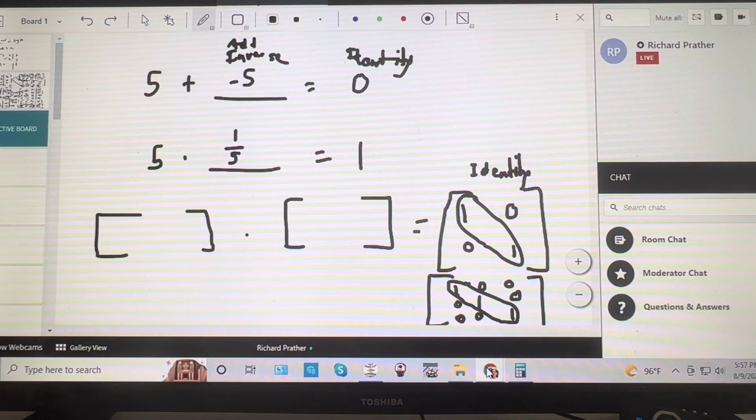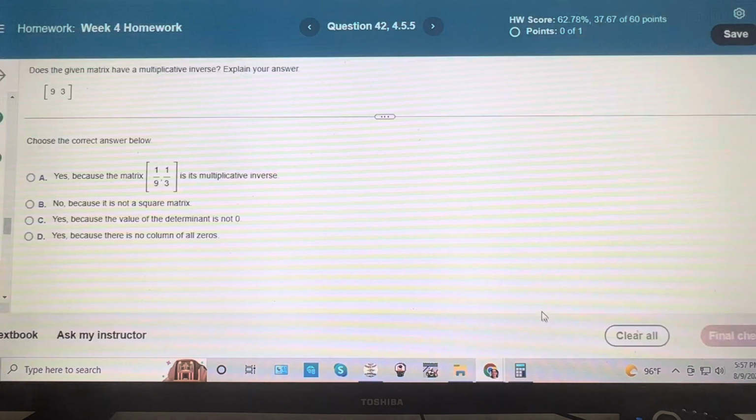Now, they're asking if you start with 9, 3 as your original matrix, does the given matrix have a multiplicative inverse, and explain your reason why? Well, one choice says yes, because this matrix is it. None of the other choices have that, but it literally cannot be this because both of these matrices are 1 by 2.